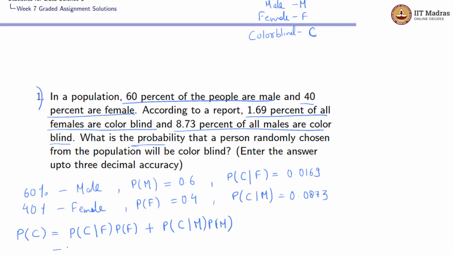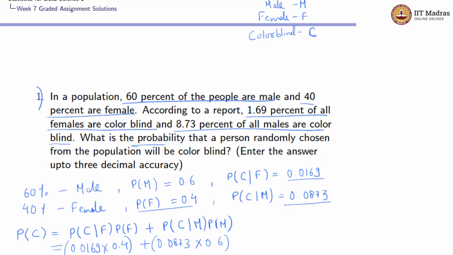So the probability of C given F is 0.0169, times the probability of female, 0.4, plus the probability of C given M, 0.0873, times the probability of male, 0.6.